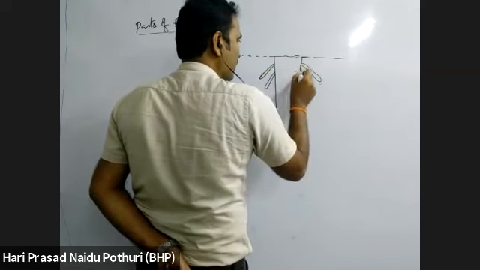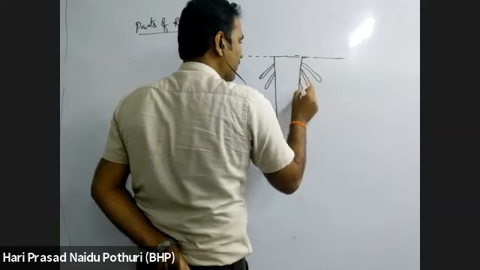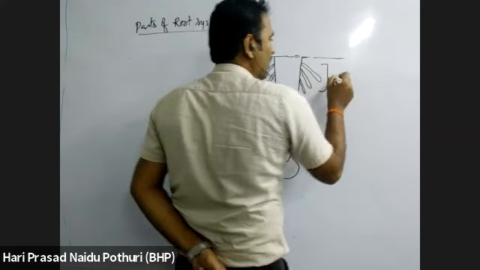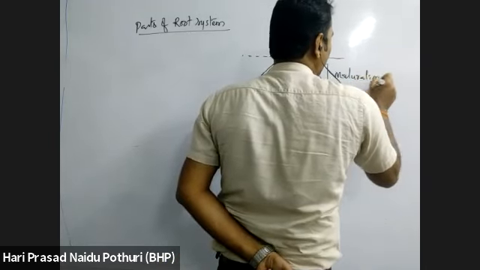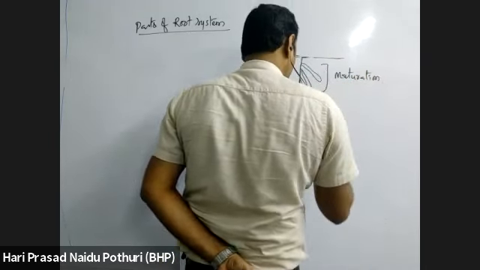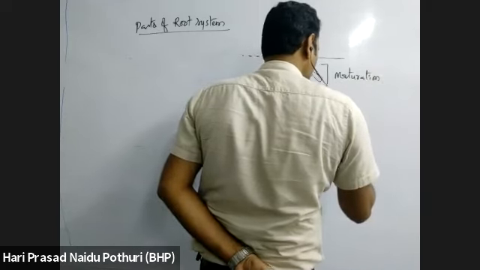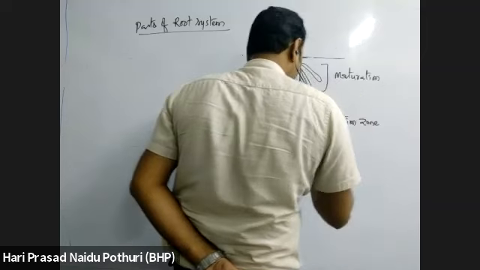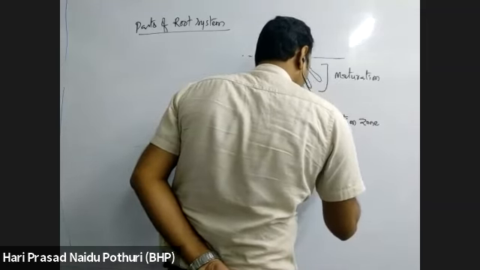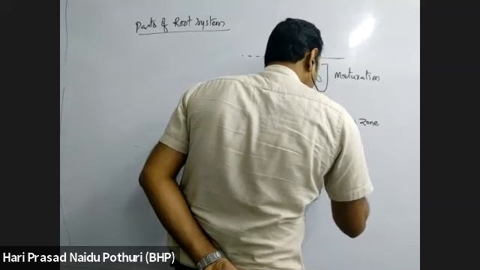Where the root is differentiating is a place called the zone of maturation, which is called the maturation zone, and here there is the elongation zone, and here there is the division zone, cell division.